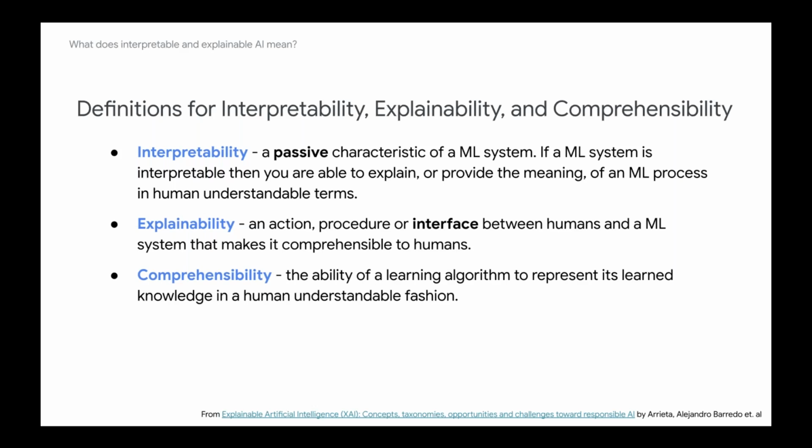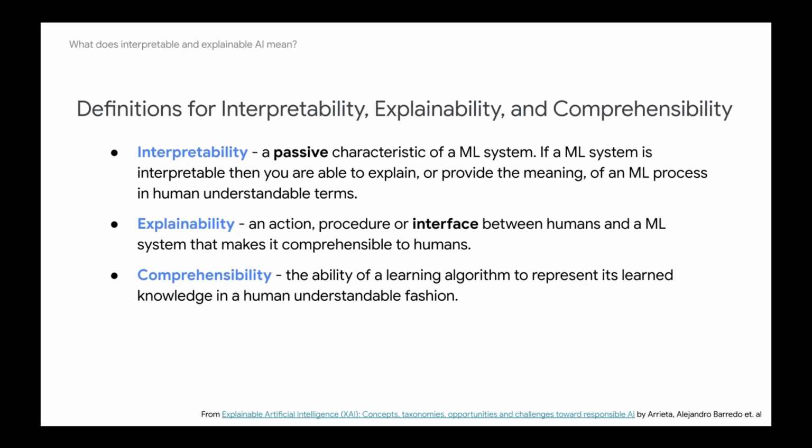Interpretability could be considered a passive characteristic of a machine learning system. So if you're able to interpret it, then that's an interpretable system. Whereas explainable AI is more of an interface or an actual procedure or a function that you put between the machine learning model and an end user to make it more comprehensible or understandable.